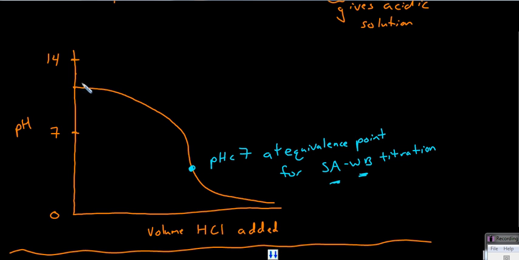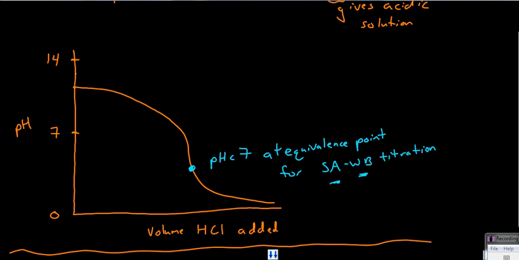Initially, having just a weak base, it's not a particularly basic solution, but it becomes less and less basic and more acidic as hydrochloric acid is added, until eventually reaching the equivalence point, you have this dramatic drop-off in pH, until beyond that point, the solution can become quite acidic. That is, having just this strong acid present, you can have a significantly acidic solution.